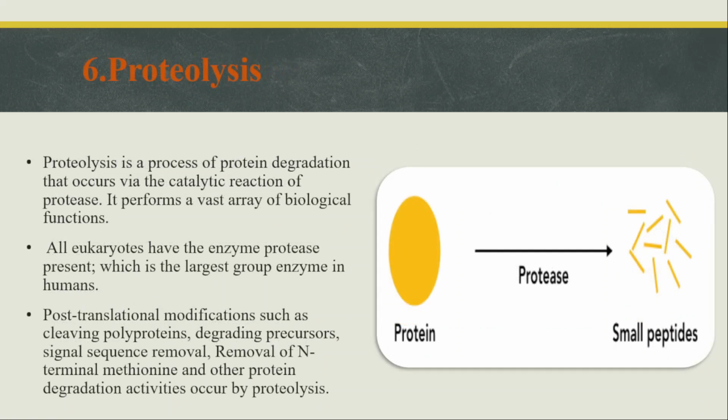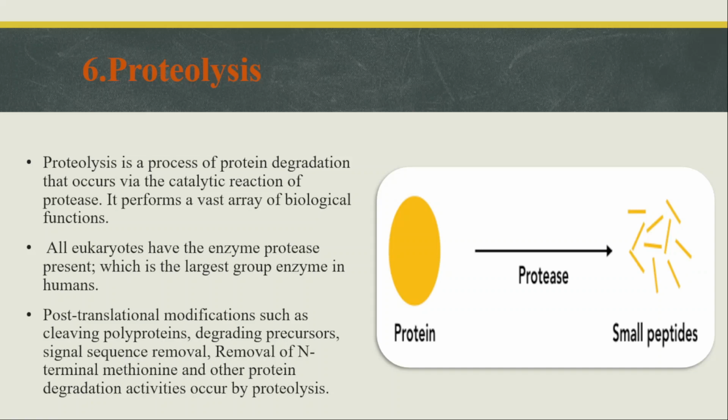The next one is proteolysis. Proteolysis is a process of protein degradation that occurs via the catalytic reactions of protease. It performs a vast array of biological functions. All eukaryotes have the enzyme protease, which is the largest group of enzymes in humans.